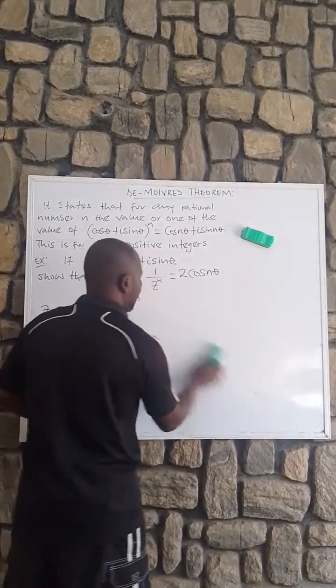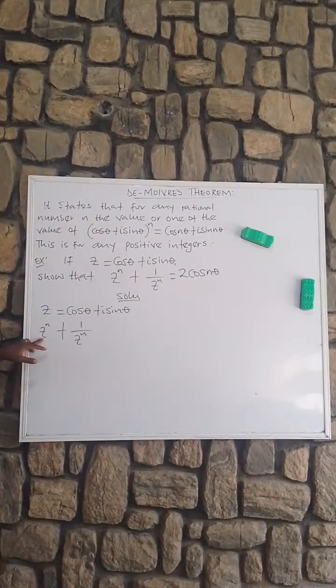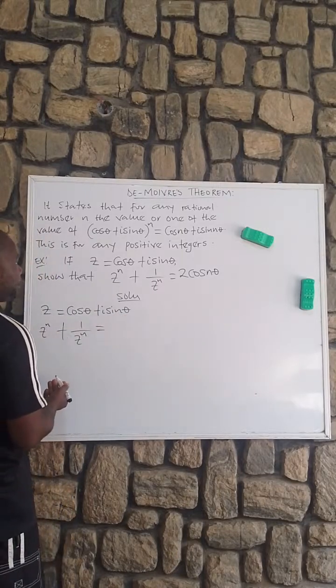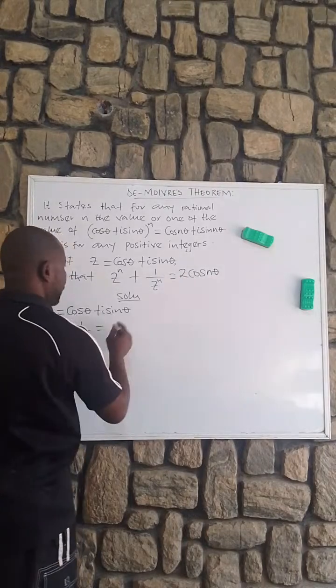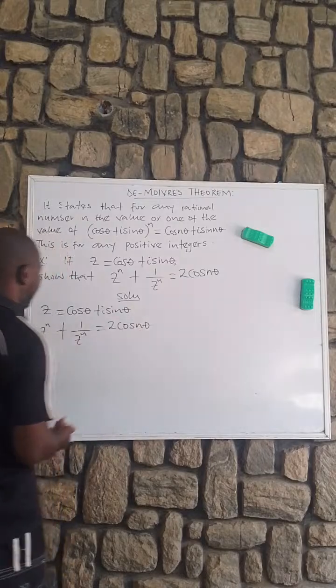Okay, so now this is Z, a complex number. Anywhere you see Z, you substitute in. What we need to do here is show that this is equal to 2 cos n theta, right?